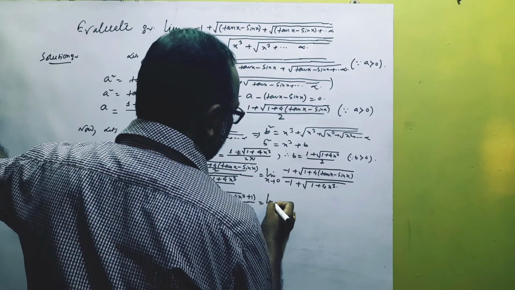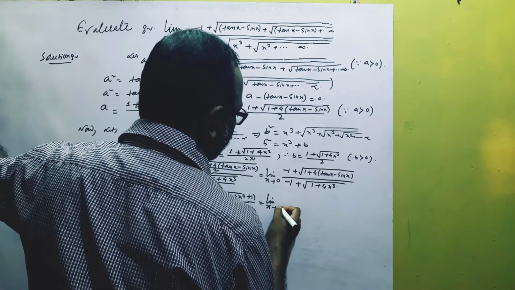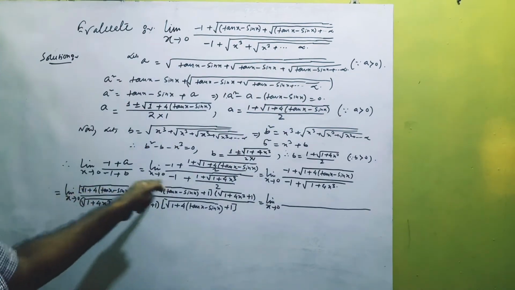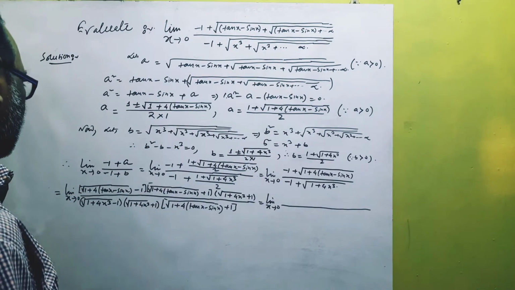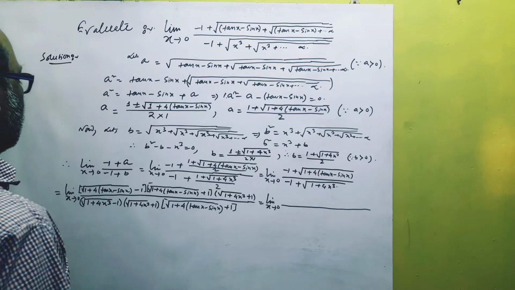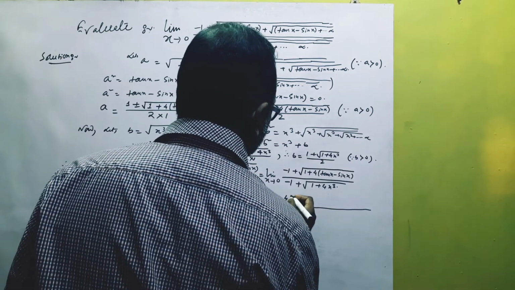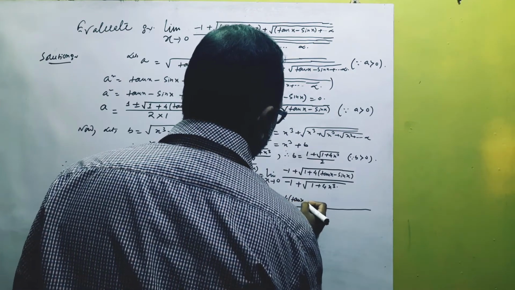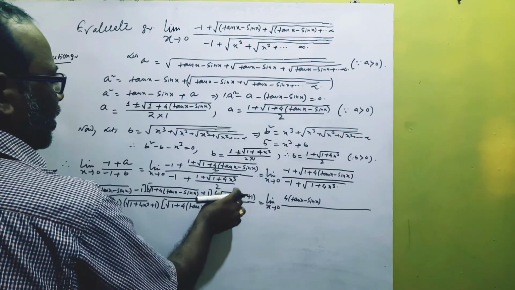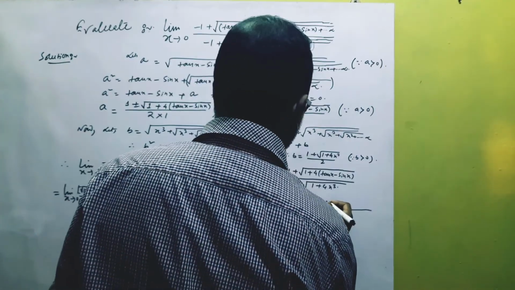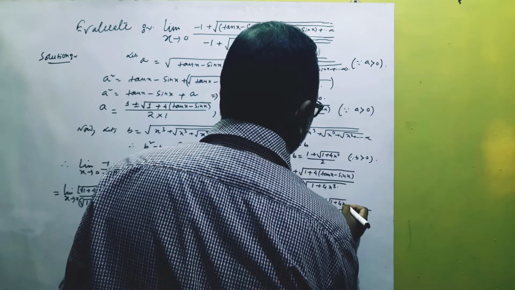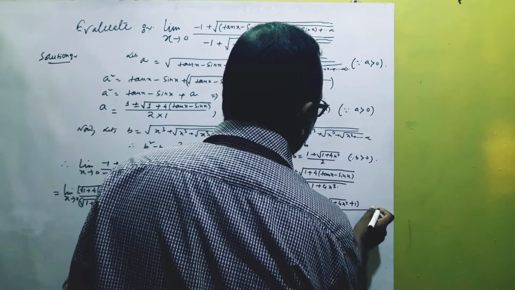See, this is the limit as x tends to 0. If we multiply these two, this is (a + b)(a − b), so we got only 1 cancelled, so 4(tan x − sin x), and we have left only this radical factor, that is √(1 + 4x³) + 1.